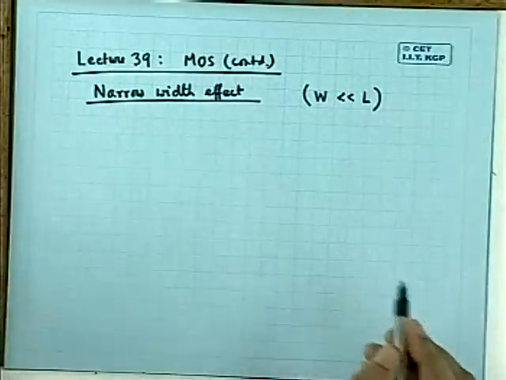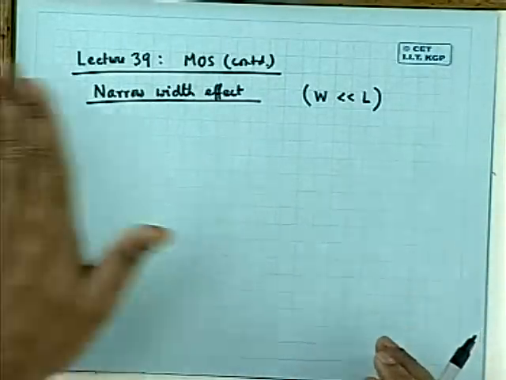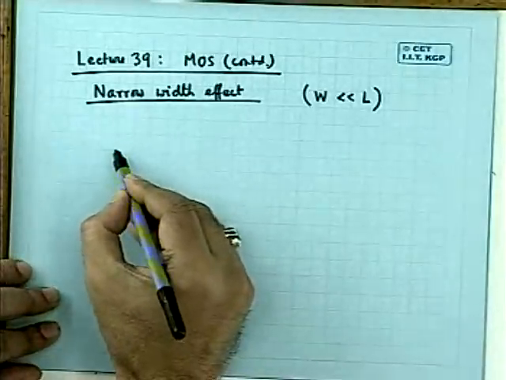In that case, if I see the device cross section over the width, it is something like this.